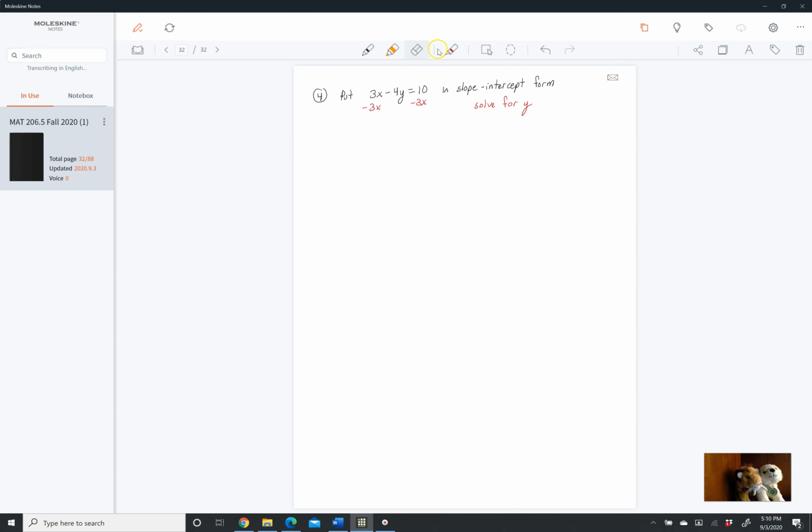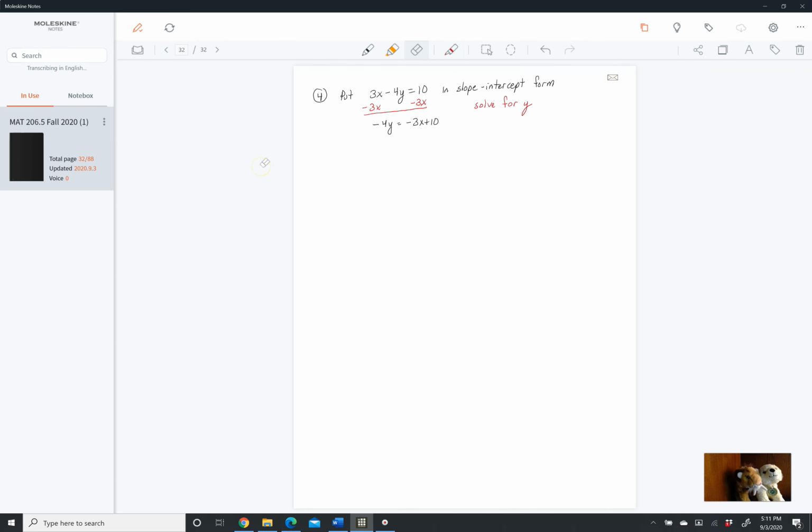And remember, in slope-intercept form, we like the x to come first, right? It's mx plus b, not b plus mx. So we get negative 4y is equal to negative 3x plus 10. And then we need to divide everything by negative 4.